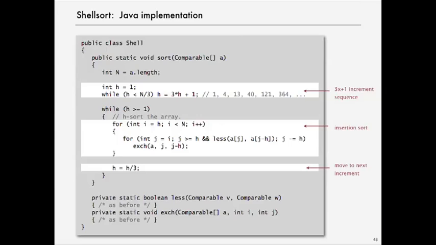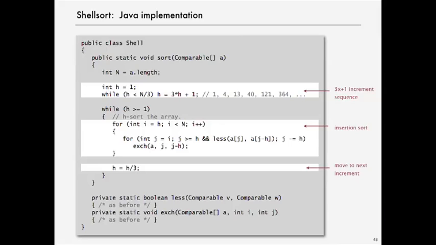We just go ahead and compute the increments that are less than n over 3, and then starting at that increment, say we start at 364, next time we need an increment, we just divide by 3. 364 integer divided by 3 gives 121, 40, and so forth. So this h equals h over 3 gets us to the next increment.